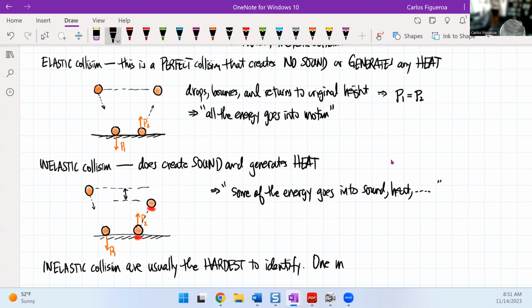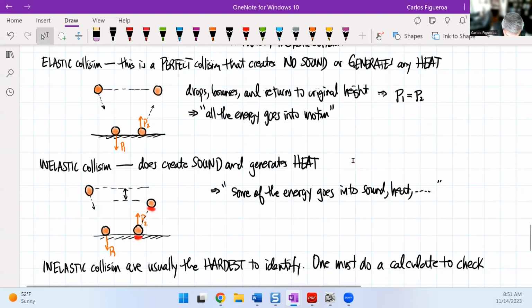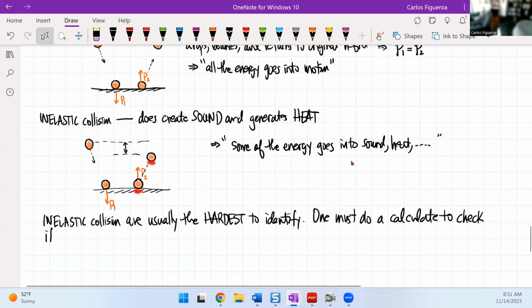One must do a calculation to check if energy is used elsewhere.